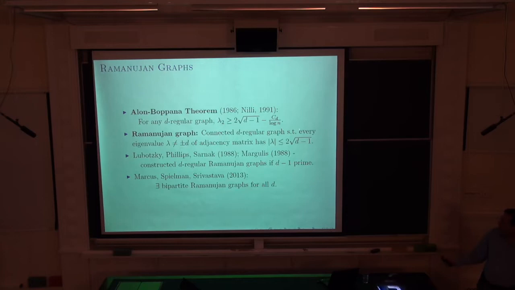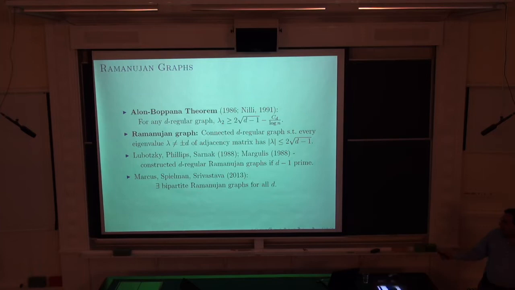The basic inequality is that lambda 2 has to be at least 2 root d minus 1, up to a correction that goes to 0 as n goes to infinity. It can be made more precise, but this is good enough here. So lambda 2 can't be less than 2 root d minus 1 minus epsilon if the graph is large.